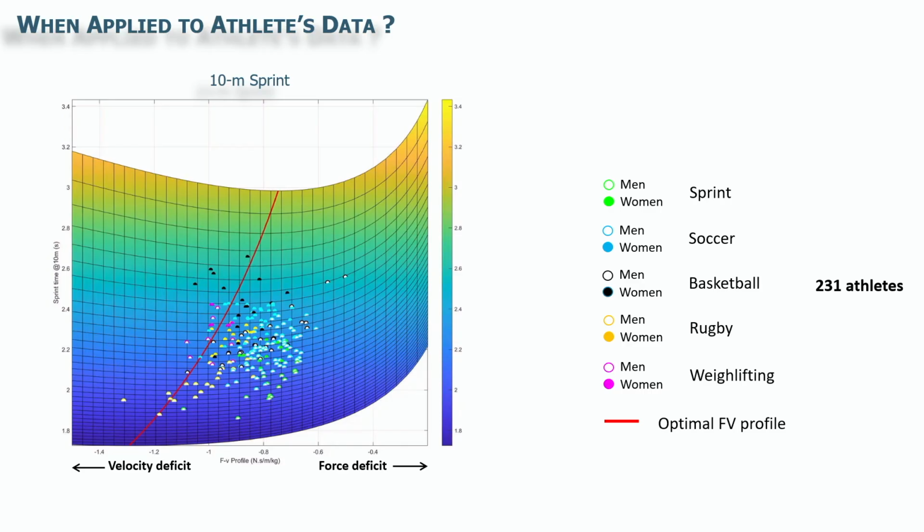Okay, and here we plot very different sportsmen and women values. We can observe here that for a 10-meter sprint, from sprinters to weightlifters, so very extreme values, quite most people present a force deficit because the optimal profile is here.